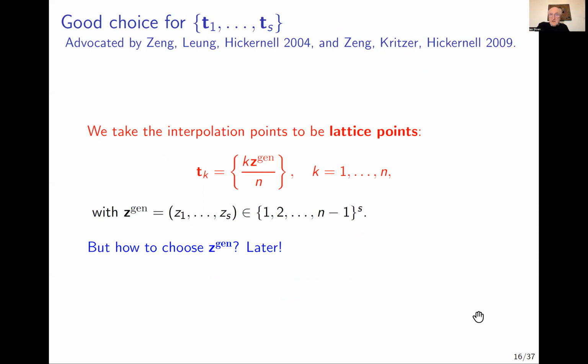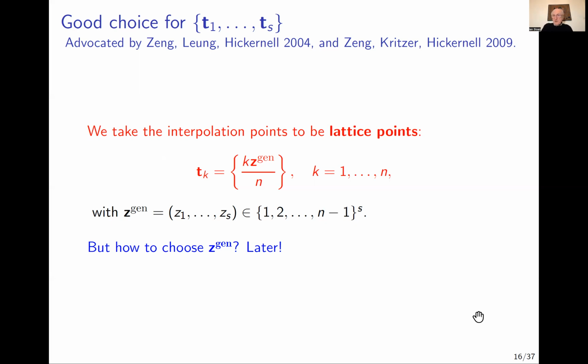Now to use lattice points, rank 1 lattice points, following an idea of Hickernell and colleagues, going back a long way, but I think not much used since that time. So the interpolation points here are now multiples of k. t_k is k times a generating vector, integer vector z_gen, divided by n, and we then take the fractional part.